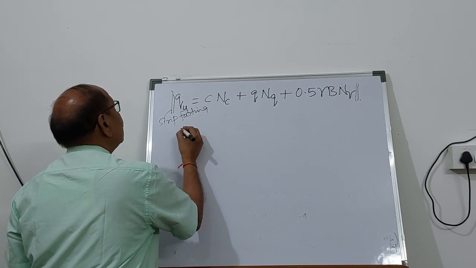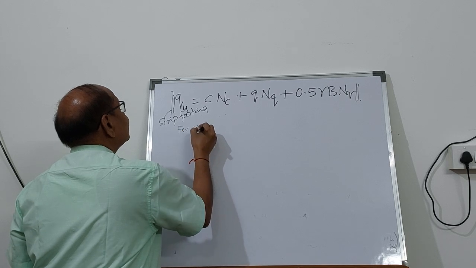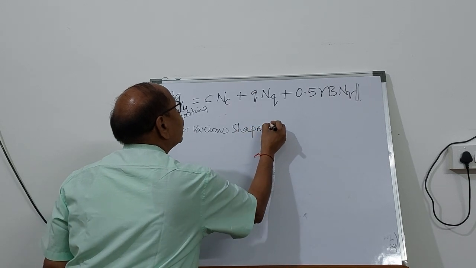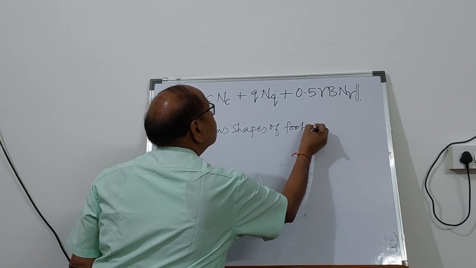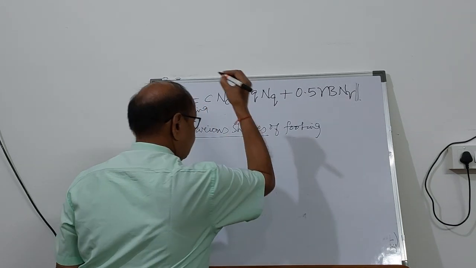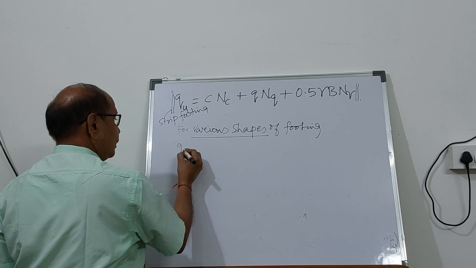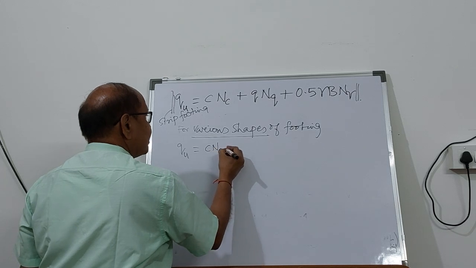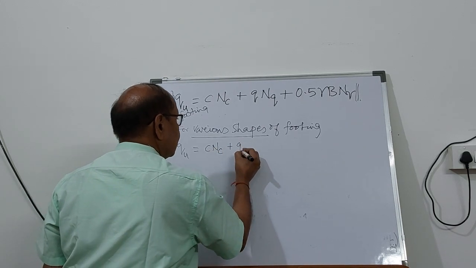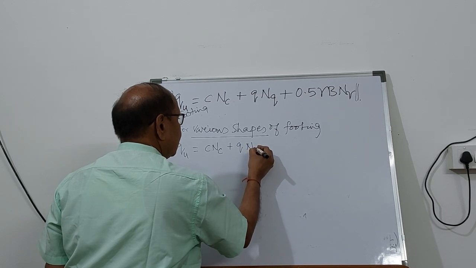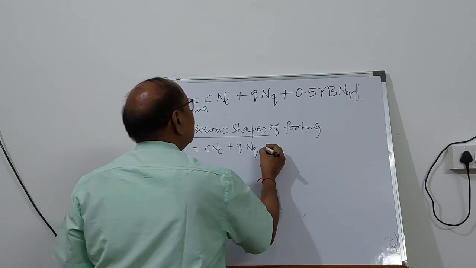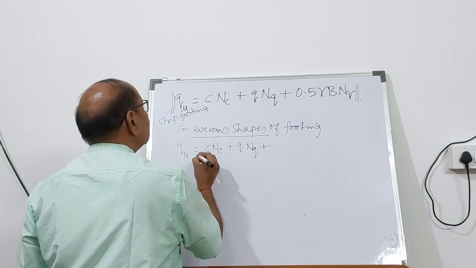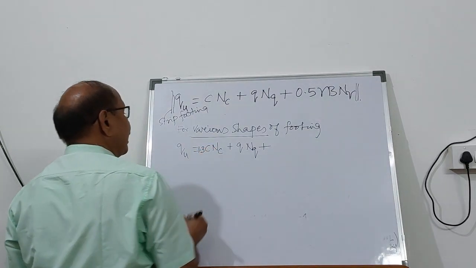So for various shapes of footing, the ultimate bearing capacity is going to be cNc + qNq + 0.5γBNγ, and here you will have to multiply c by 1.3.